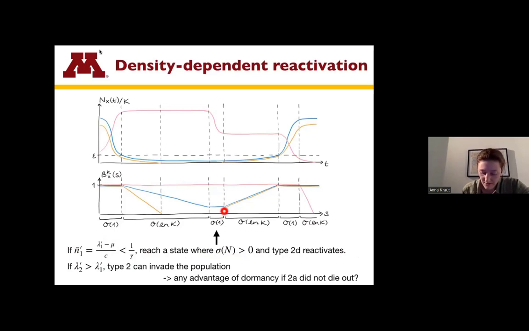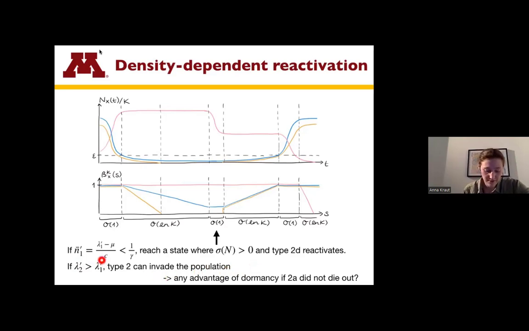And we will see an immediate jump of the active type from 0 to the same order of magnitude as the dormant cells. And if we assume that the net growth rate of the type 2 cells is now larger than the one of the type 1 cells, well, of course, now then the type 2 population will be able to invade the population and take over.